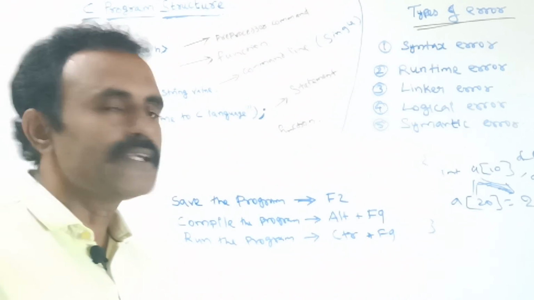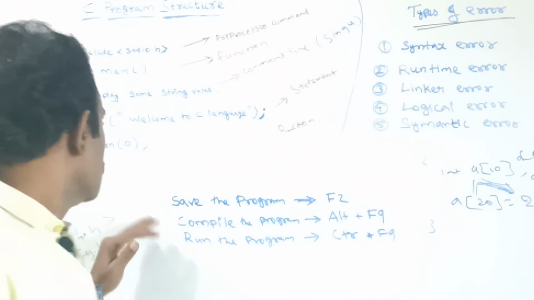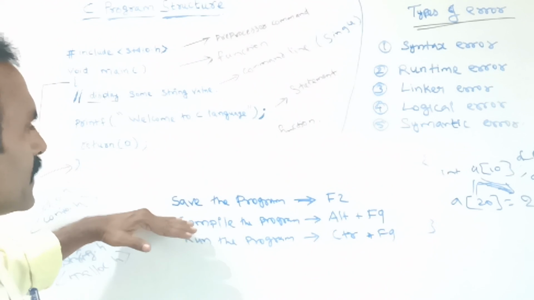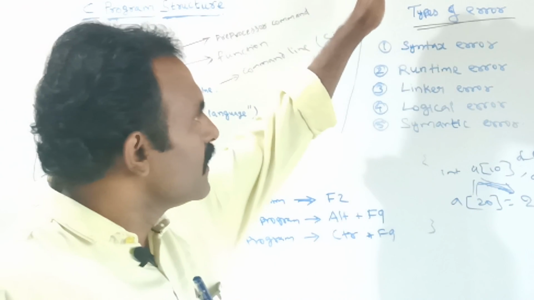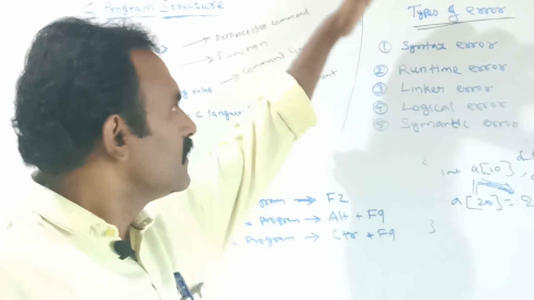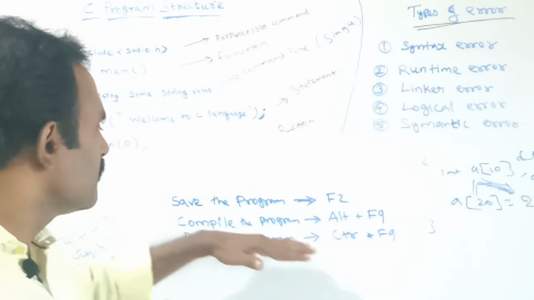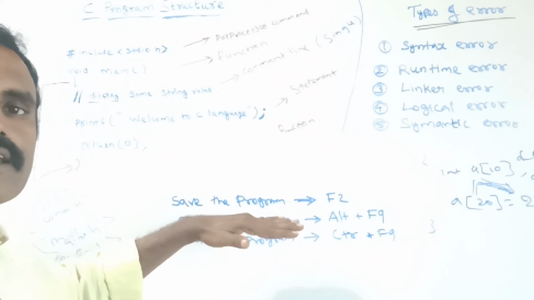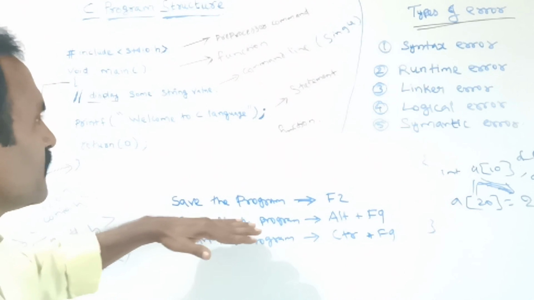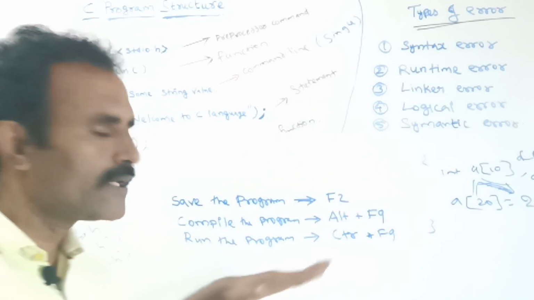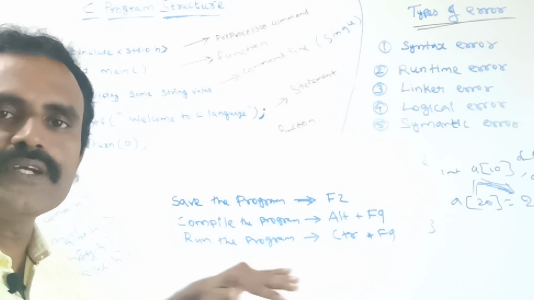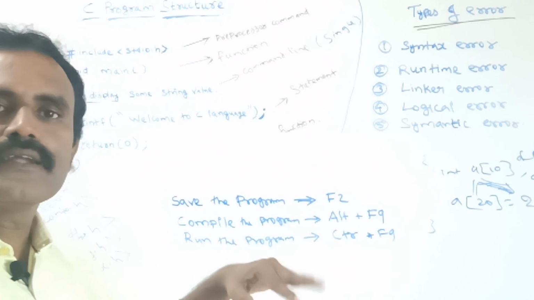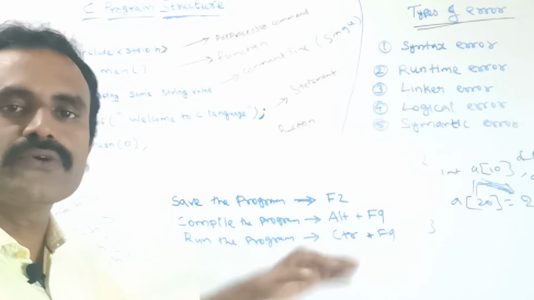These 5 errors are the common errors. During compile time, if any error of this category occurs, the compiler will show the error. Next, if there is no error, 0 errors, we can go to the third step: pressing Ctrl F9 we can run the program, we can execute the program.